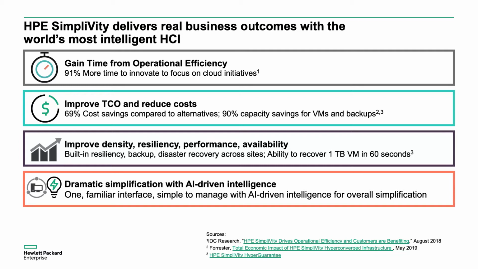Improved TCO and cost savings, 69% compared to alternative architectures, and 90% capacity savings guaranteed through our data virtualization model, improving your density, performance, and resiliency, and delivering dramatic simplification with the capabilities available today with SimpliVity that are now even getting better with HPE InfoSight.